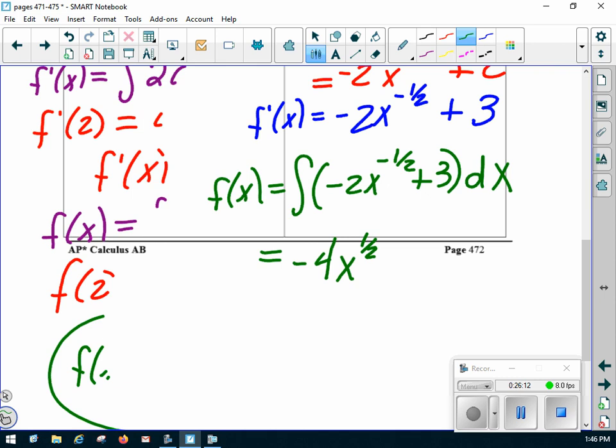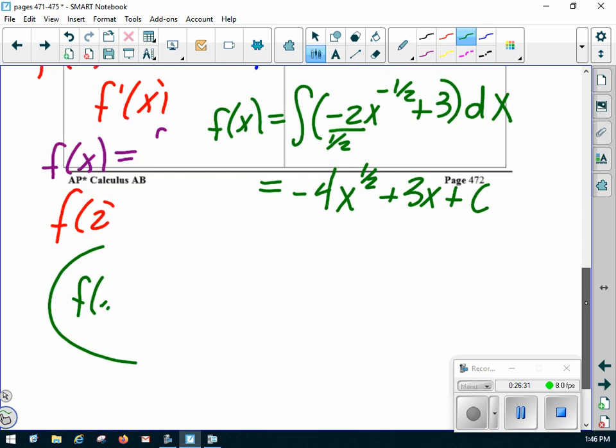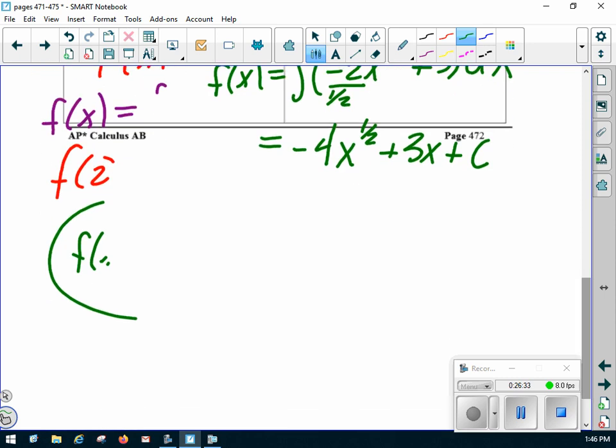Raise the exponent by 1. So negative 1/2 plus 1 is a half. And then divide this by that new exponent. That's f of x. We know c is 0 because f of 0 is 0. So what is f of x?